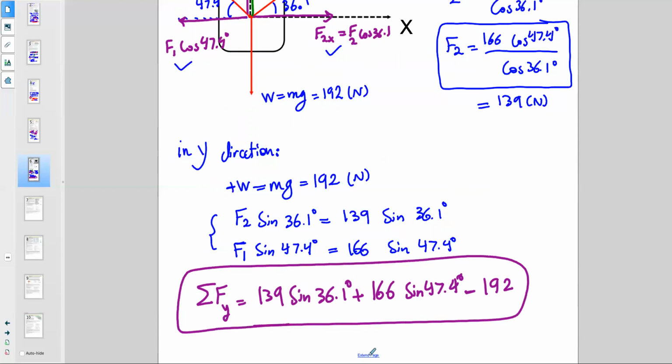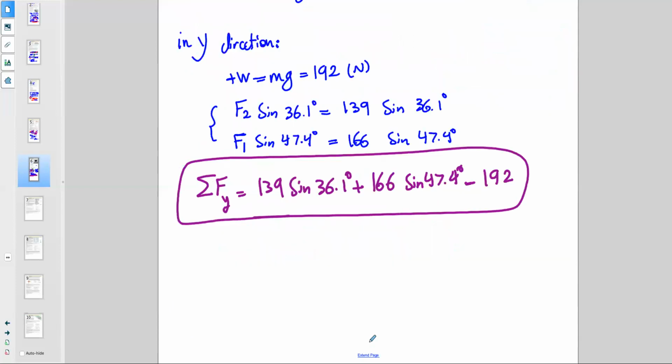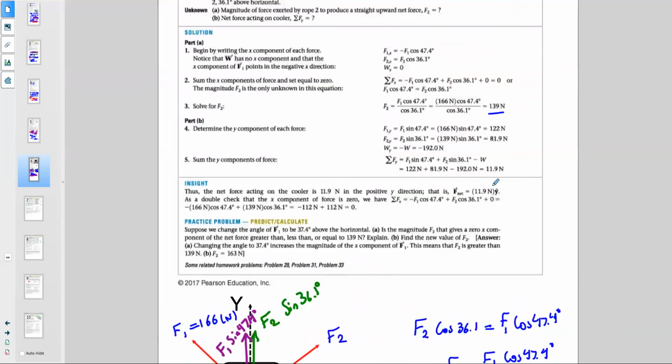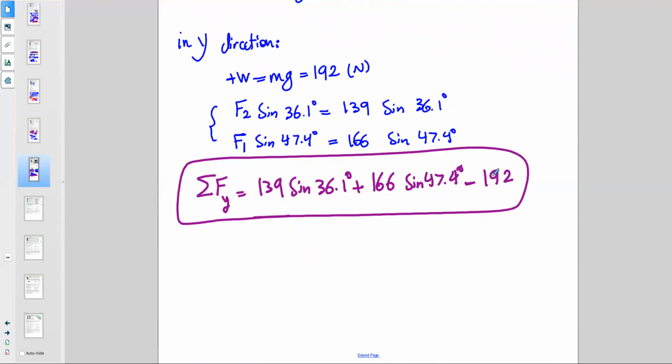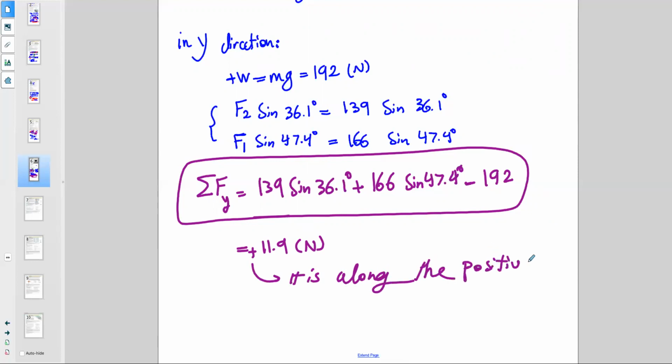If it's negative, then the total force is along the negative direction. If it's positive, then it is along the positive direction. Whatever it is, calculate it. I think the book has already done that, and it's 11.9 newtons. It's positive, meaning that it is along the positive direction, right?